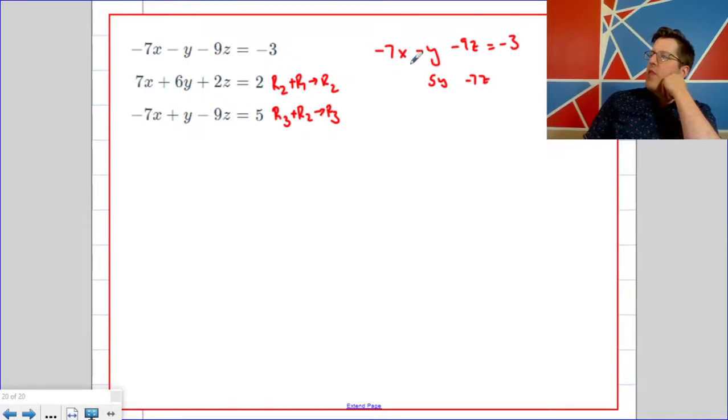And add those together, we get negative 1. Then I'm going to add these together, nothing. Add these together, I get 7y. Add these together, I get minus 7z. And add these together, I get 7.